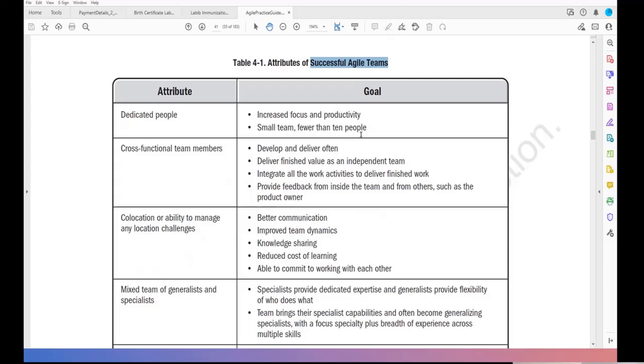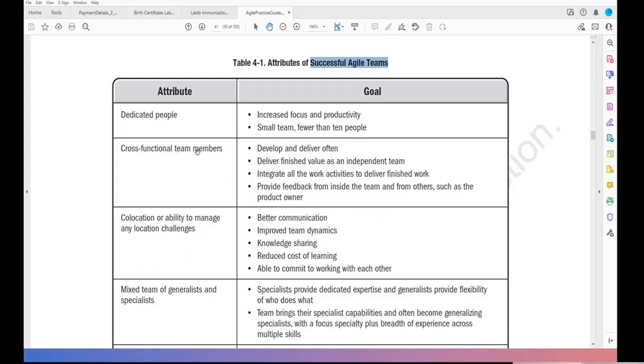So it will be Scrum A, Scrum B, right? For example, you have 20 people. So you say Scrum A, 10 people, Scrum B, 10 people. So you are managing 2 teams. Okay, so a small team is easy to maintain.